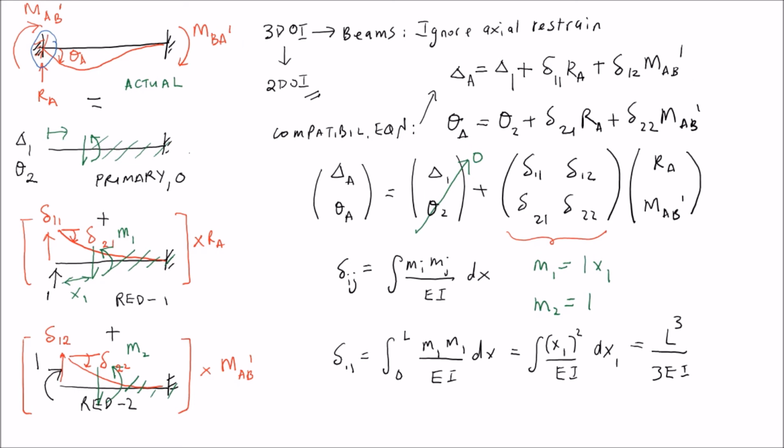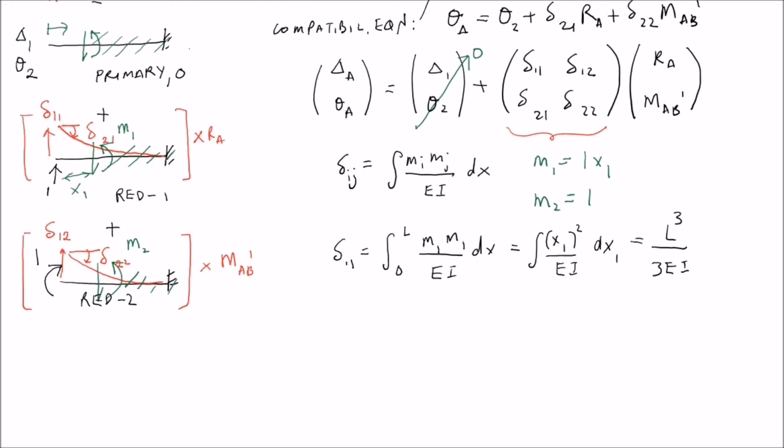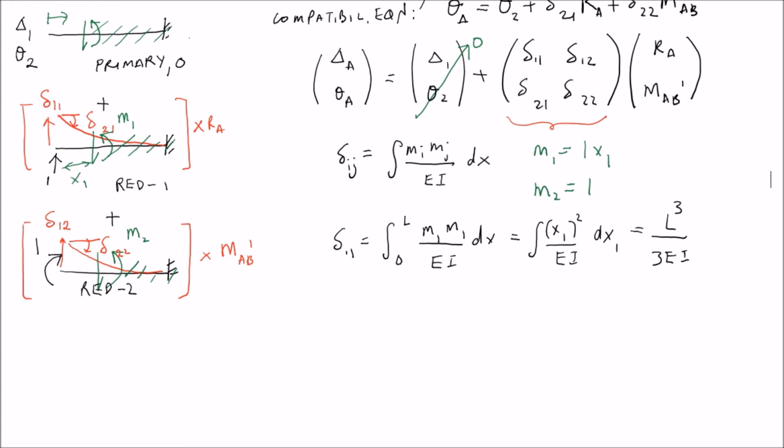Now to continue and find displacement 1,2, which is equal to displacement 2,1, it is the integral from 0 to L of m1 m2 over EI dx.